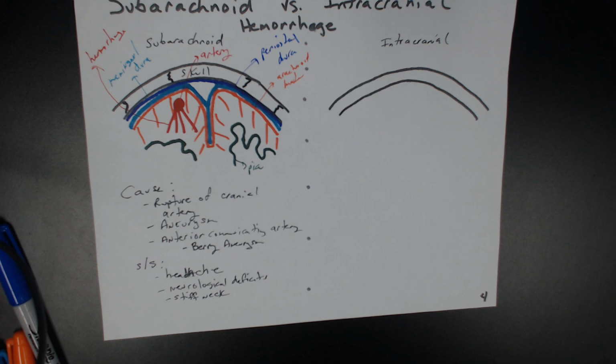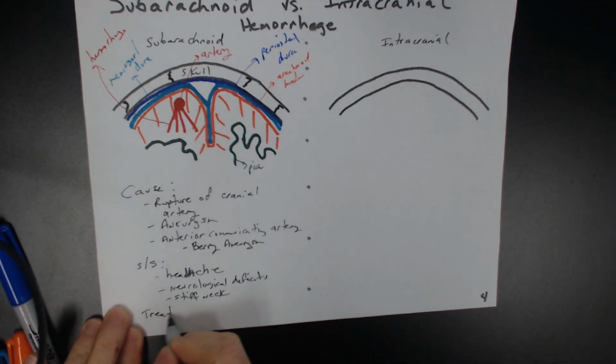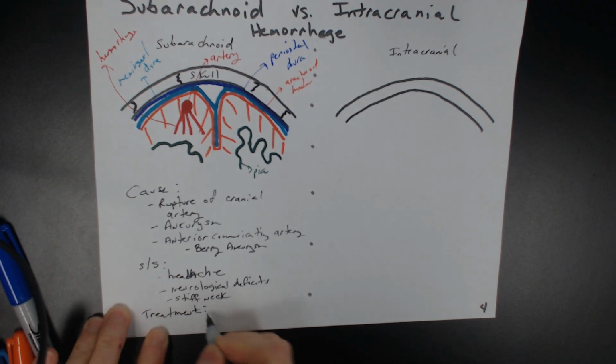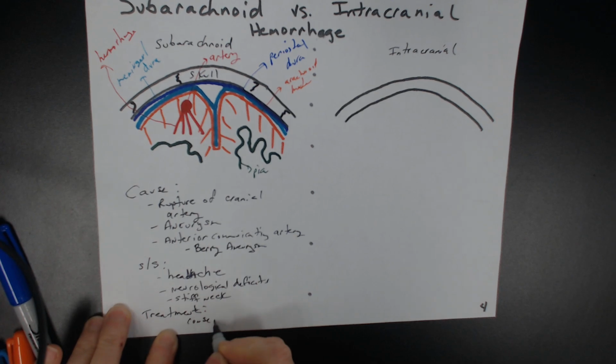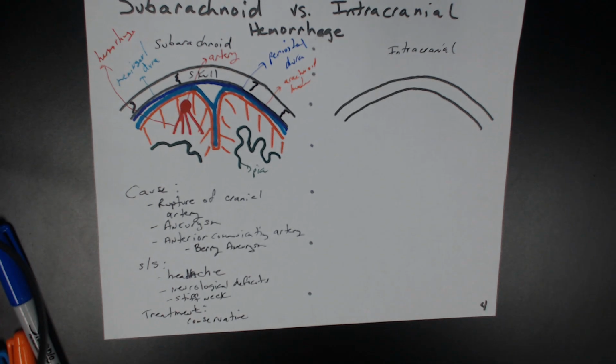Believe it or not, the treatment for this is just going to be conservative treatment. Conservative treatment means they don't really do anything. They just wait and see what happens. And this is pretty common.